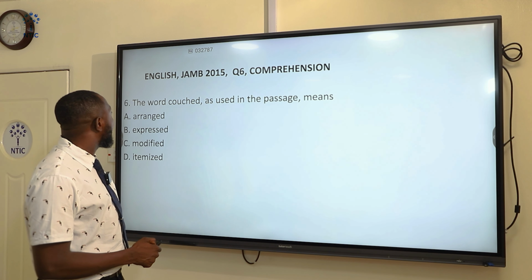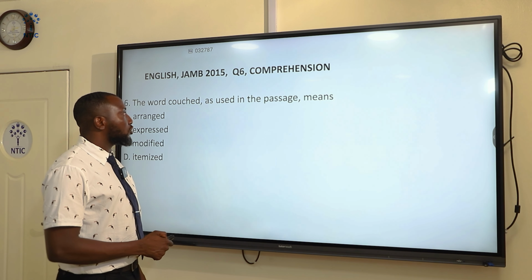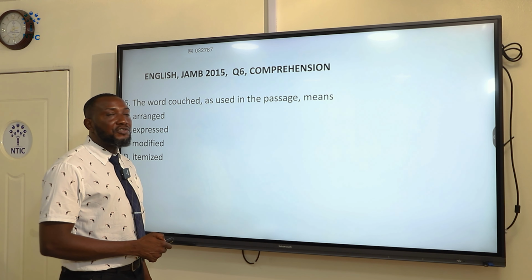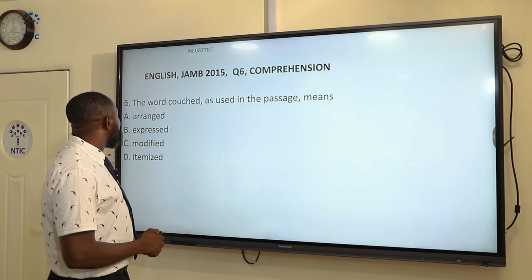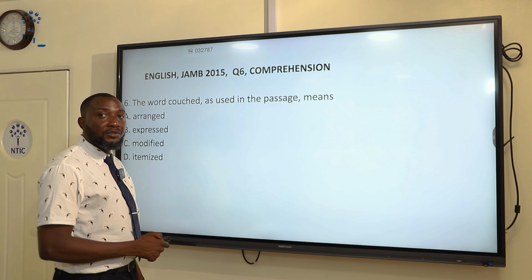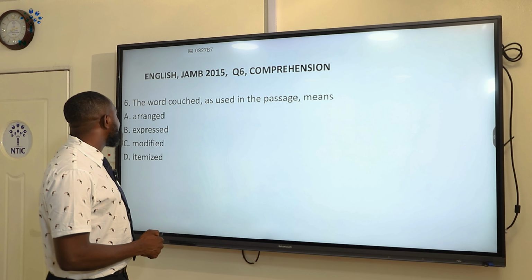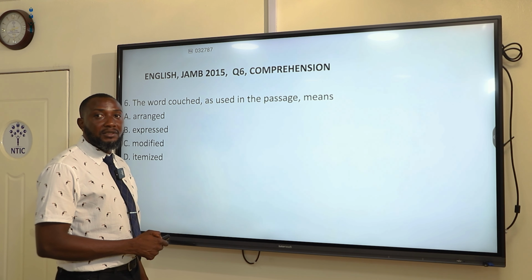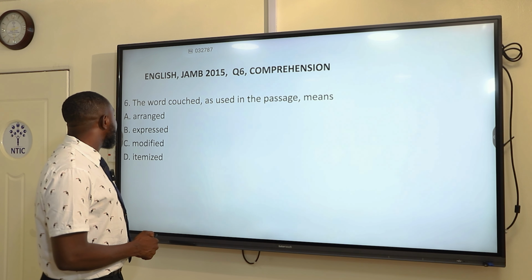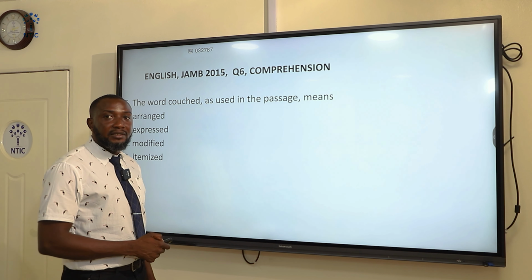Number 6. The word couched as used in the passage means: A, arranged; B, expressed; C, modified; D, itemized.